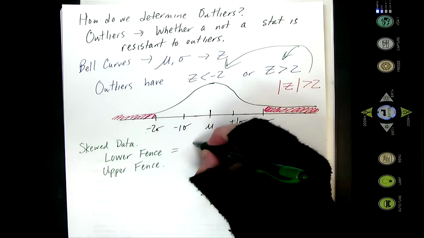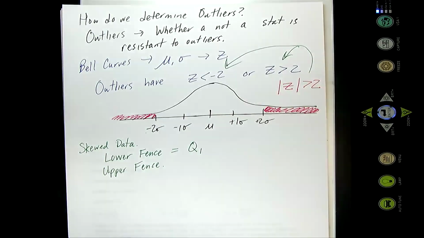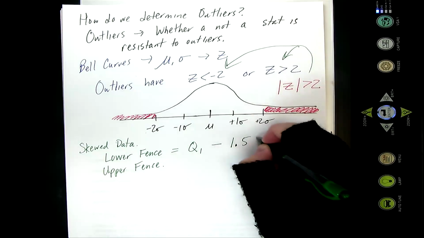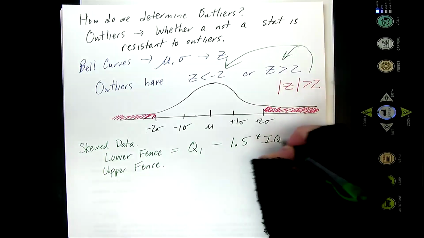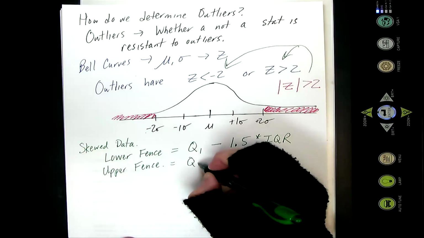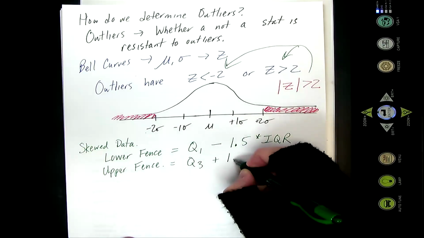The lower fence is calculated by taking Q1 and subtracting 1.5 times IQR. The upper fence is Q3 plus that.